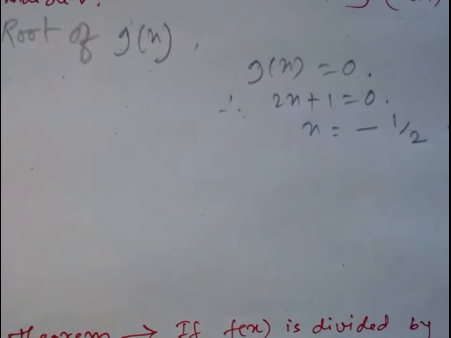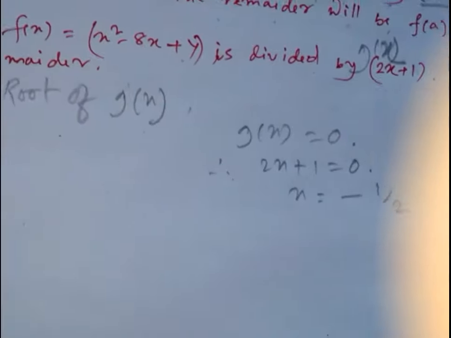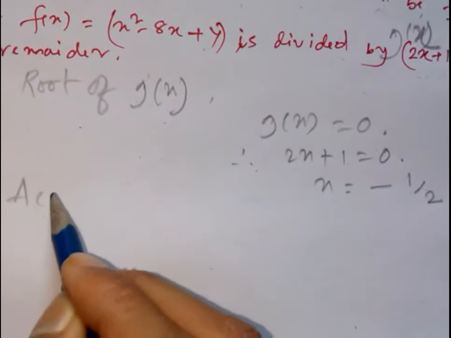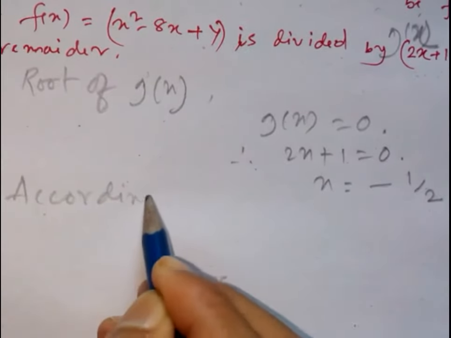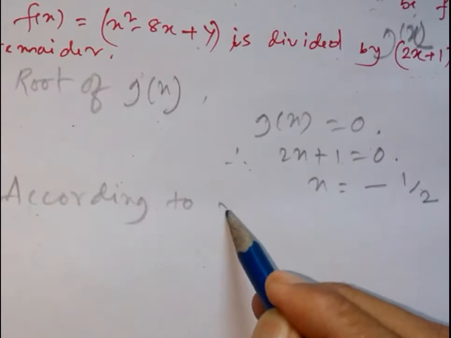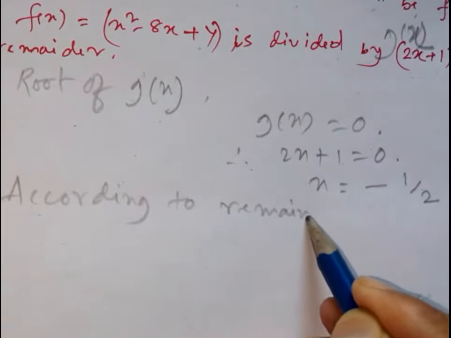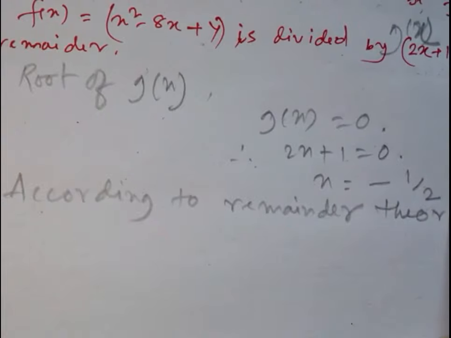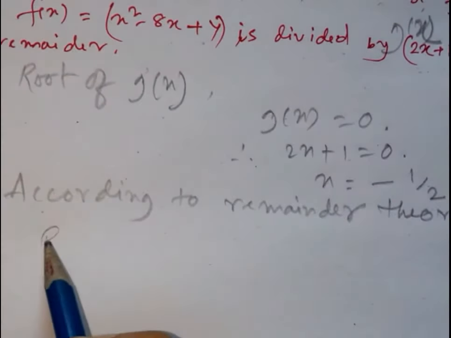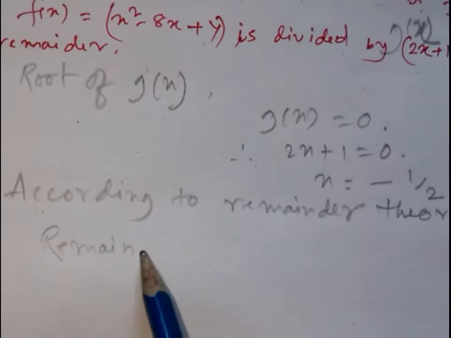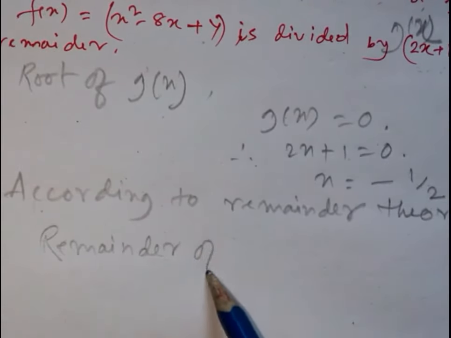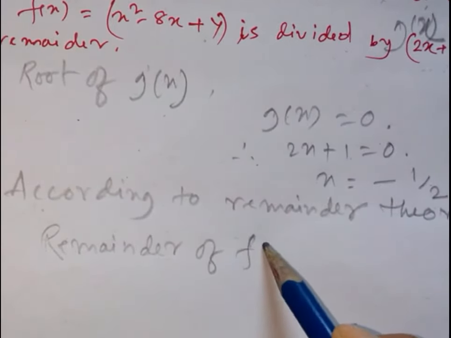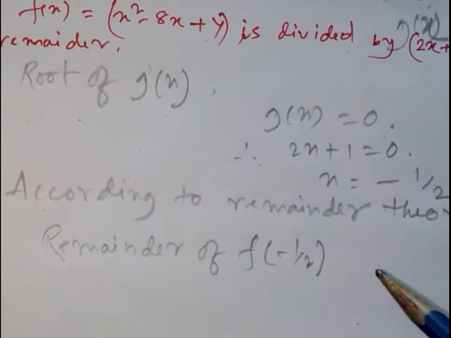Now according to the remainder theorem, the remainder is f of minus 1 by 2.